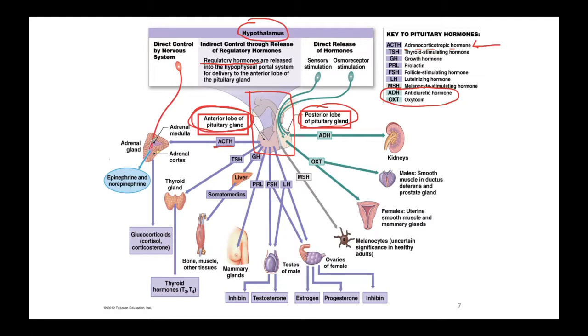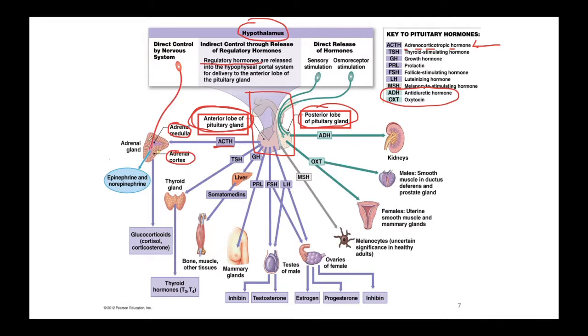And in a previous video, you heard me say that the adrenal gland has an outer portion called the cortex, and it has an inner portion called the medulla. So adrenocorticotropic hormone is going to go to the cortex.